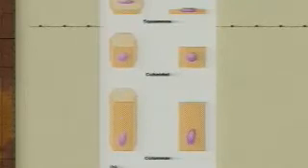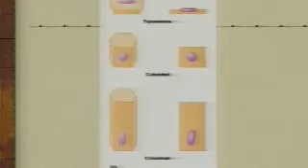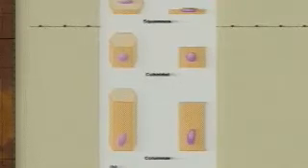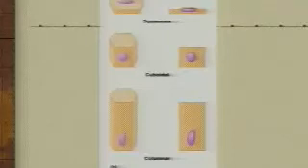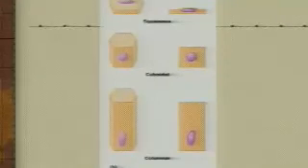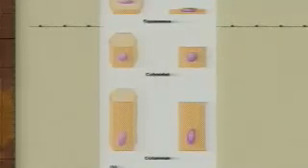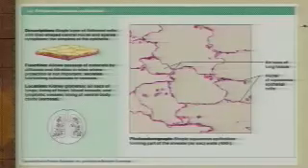Or we're looking at a simple columnar, which is going to be one cell layer thick of those columnar shaped cells, okay? What we'll probably mostly look at is a simple squamous, a simple cuboidal, a simple columnar, and then also a stratified squamous. So now if we're looking at a stratified squamous, it is going to be multiple layers of those egg-shaped cells, okay? So let's look at an example here.